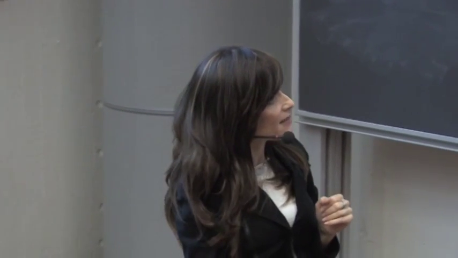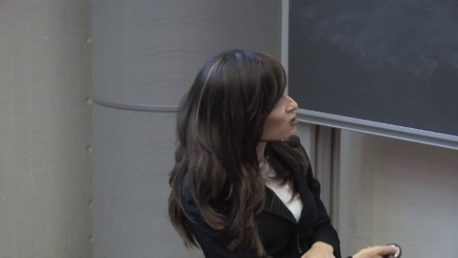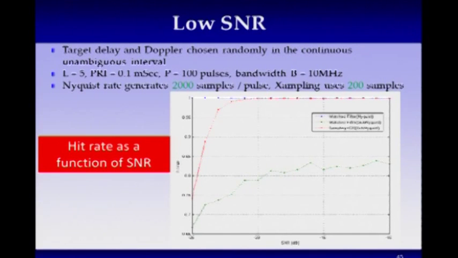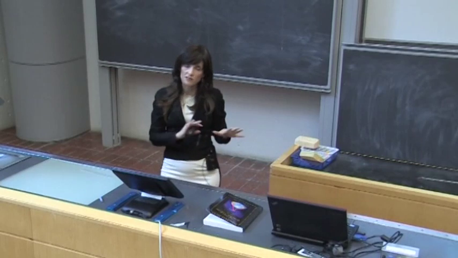But the nice thing is, and that you'll see on the next slide, is that as soon as we move up a little bit, so when we get up to like minus 22 dB or minus 21 dB, we already have perfect detection. So as long as this radar is working in an environment over minus 20 dB, we can get perfect detection at very, very low sampling and processing rates. So this is important to keep in mind. All of these methods are going to be sensitive to noise.